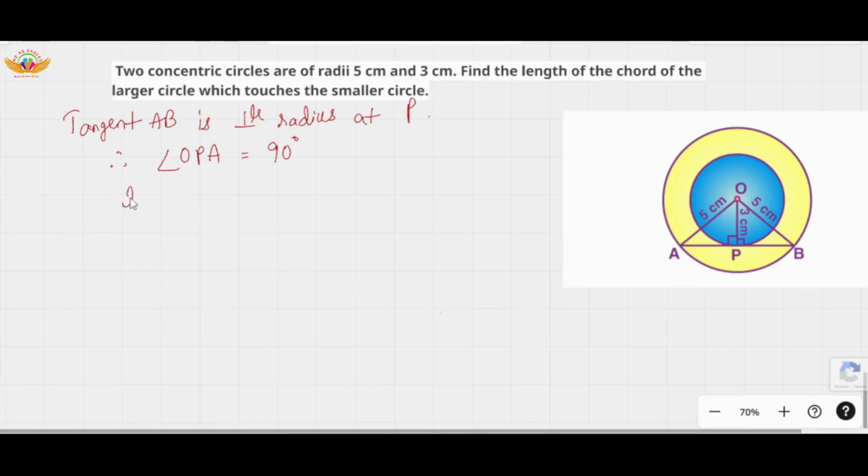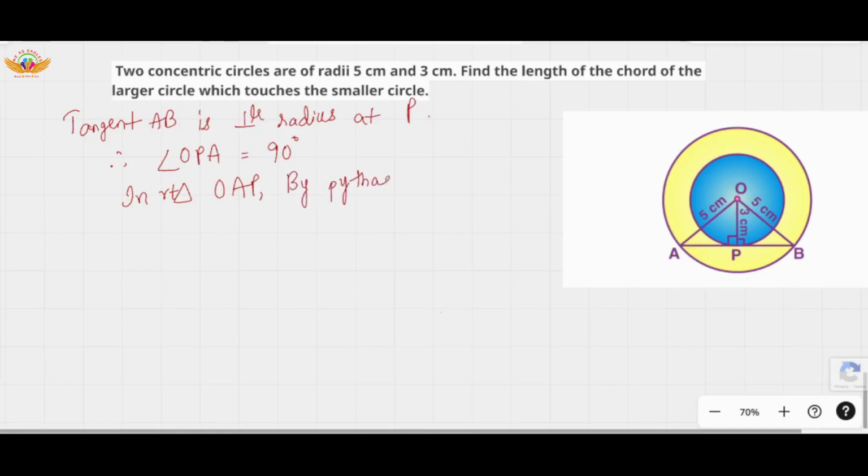So in this right angle triangle OAP, this OAP is a right angle triangle and also OPB is a right angle triangle. Because the angle is 90 degrees, it automatically becomes a right angle triangle, right? So whenever a right angle triangle comes, I can use my Pythagoras theorem.